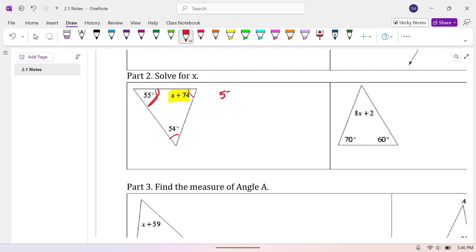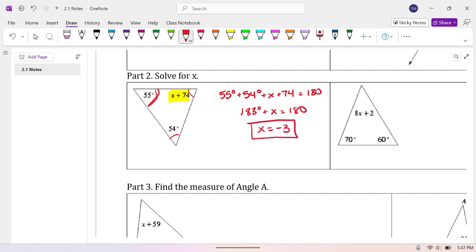So I have 55 degrees plus 54 degrees plus x plus 74 is equal to 180. I'll combine like terms, so add the 55, 54, and 74, so this will be 183 plus x is equal to 180. And then if I subtract the 183 from the 180, x is equal to -3.